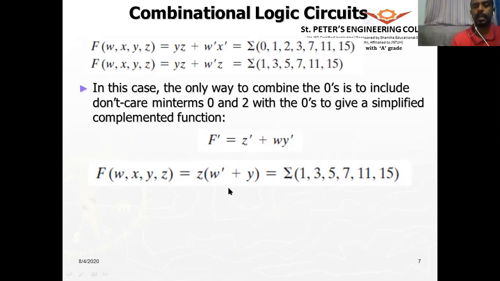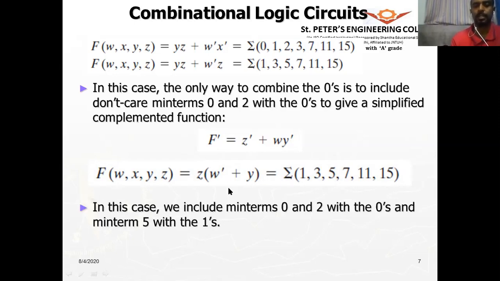This is the result we have got, and this example explains how we can use the don't care condition.